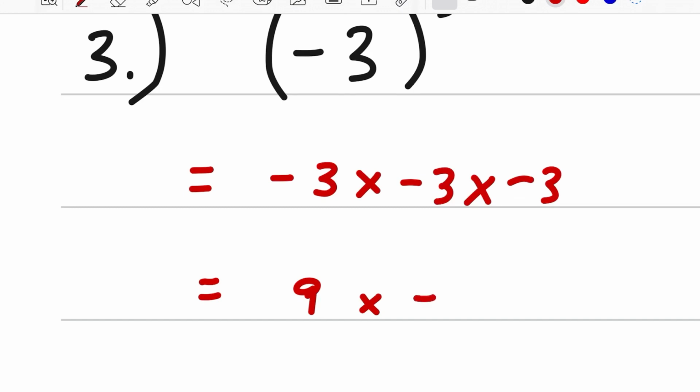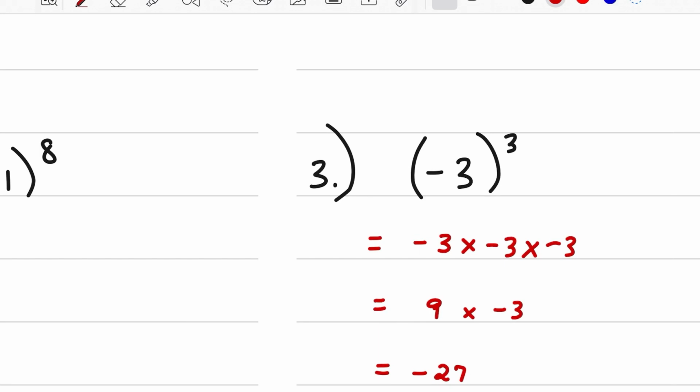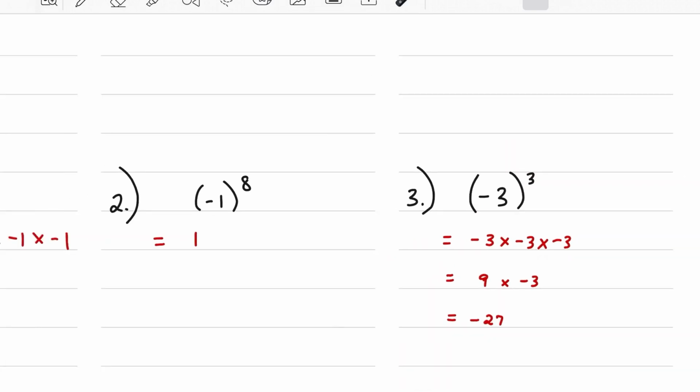Now 9 times minus 3 is going to be negative 27. So 9 times 3 is 27, answer is negative. But we could have just done 3 cubed and said that our answer was negative because the power here was odd. So 3 cubed being 27, and because it's a negative base raised to an odd power, your answer is also negative.